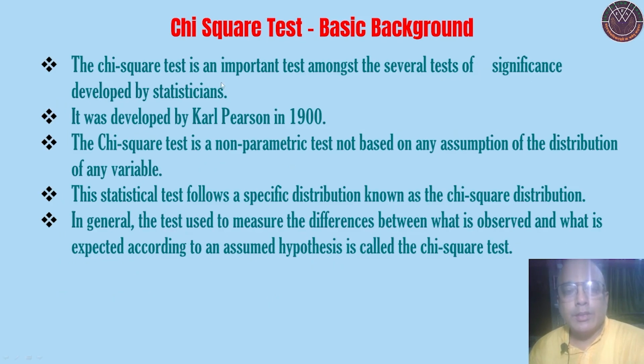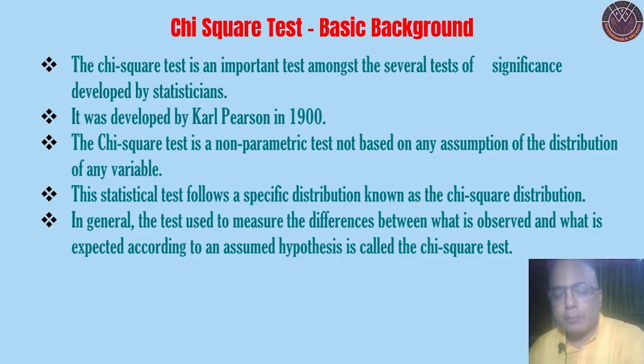The chi-square test is an important test amongst the several tests of significance developed by statisticians. It is one significant test. Many a time when you go on seeing the literature, the research studies, many studies are based on chi-square, because many a time you are calculating frequencies, you are having data in categorical scale, and many times you are using a rating scale, how many preferences a particular person is giving to a particular category.